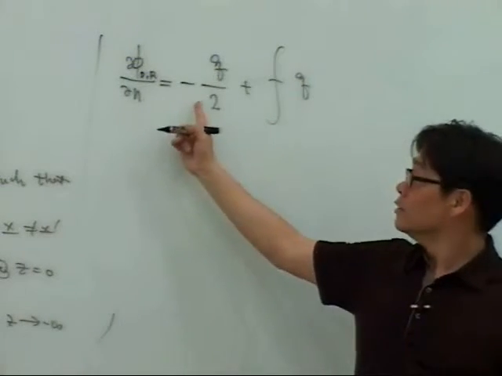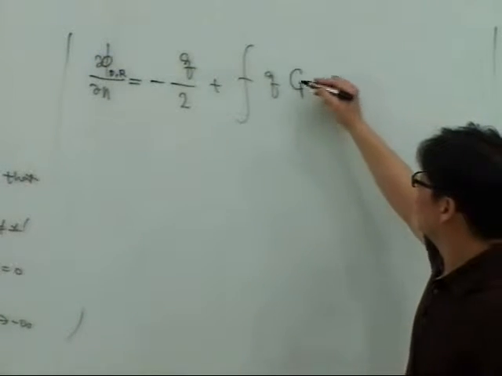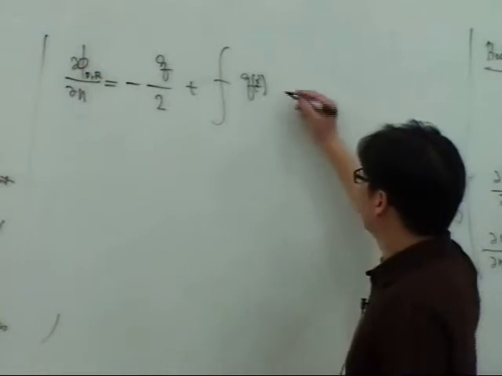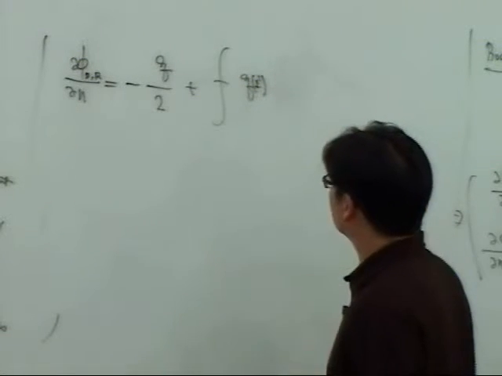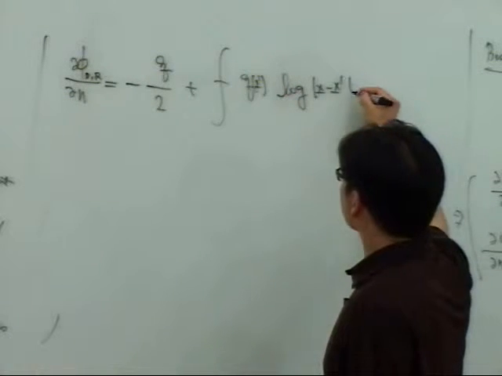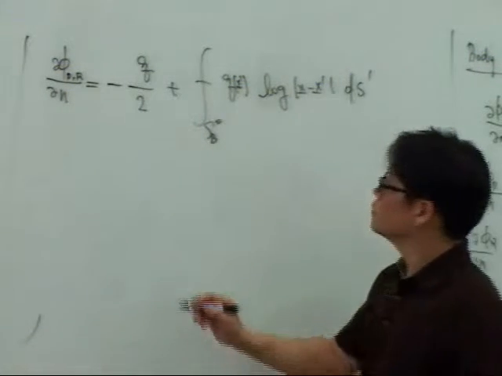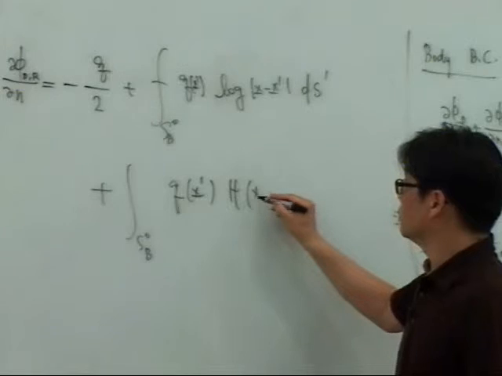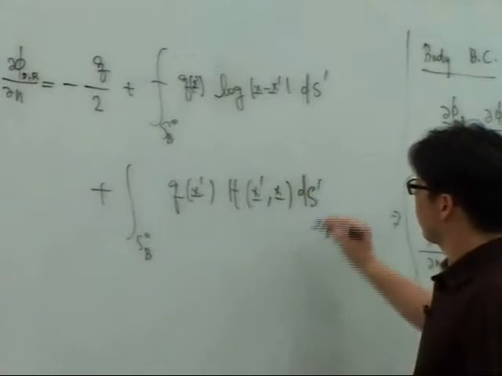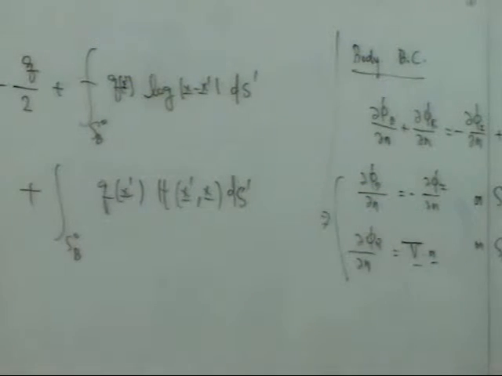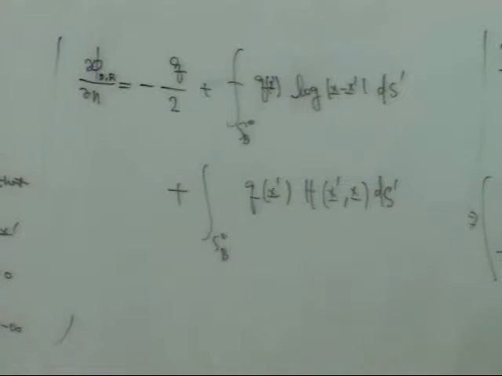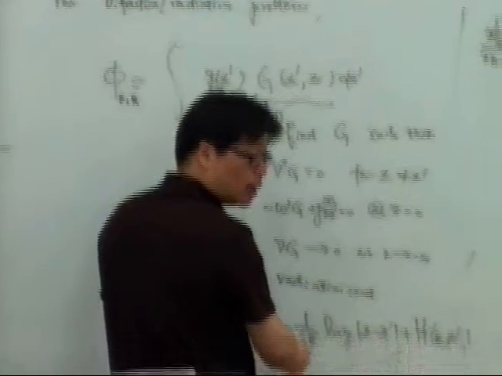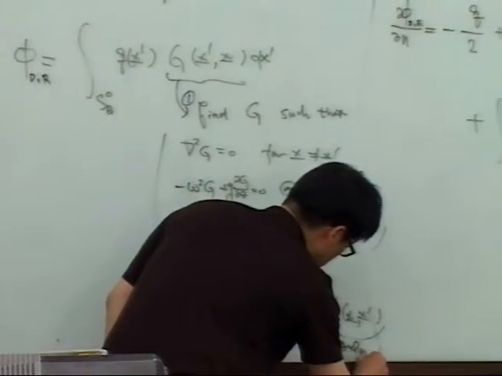I have a minus sign, right? In 2D. So when I substitute this guy into here, this is a singular part, and this part is regular, and this is singular.